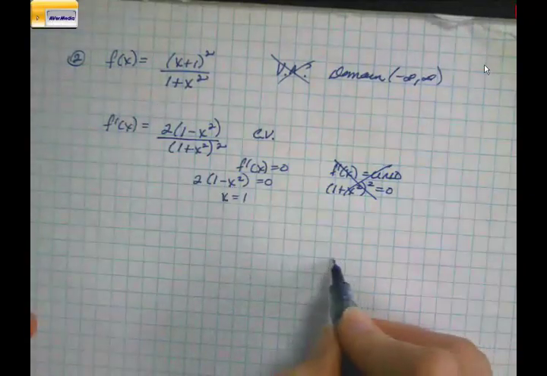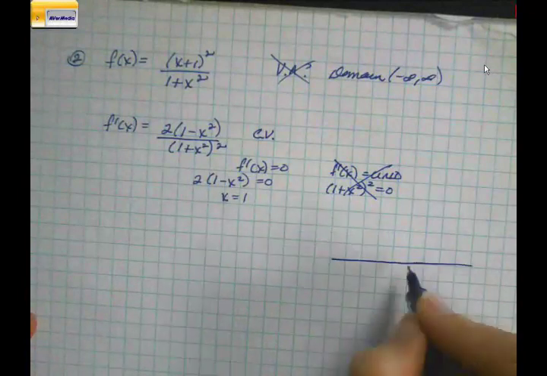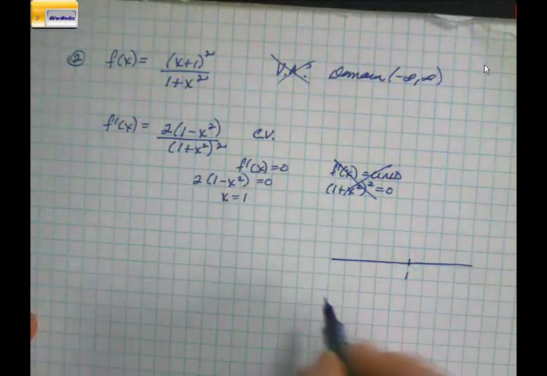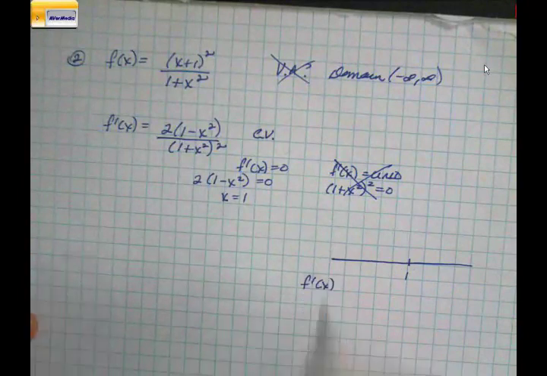Okay, so let's make a sign chart on this thing. Put an x value of 1. And this, remember, is the signs of the first derivative.